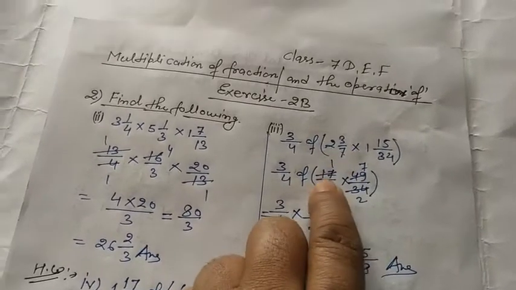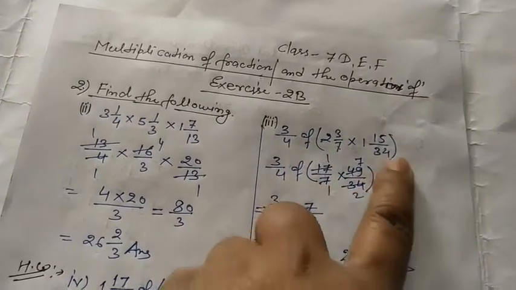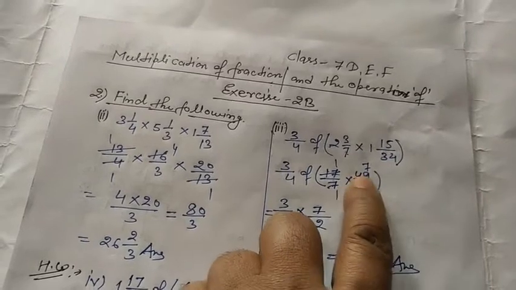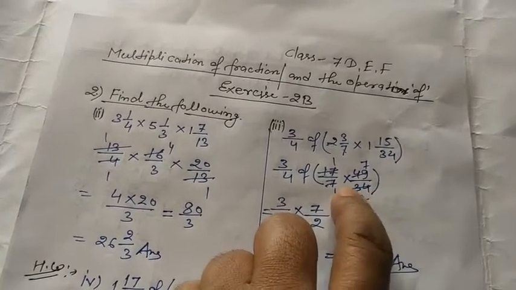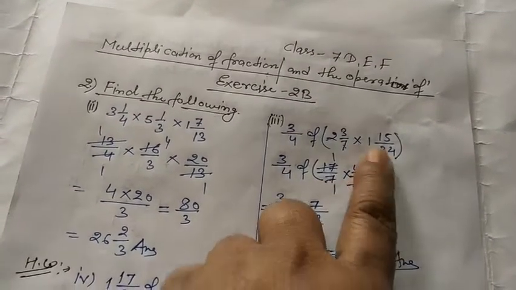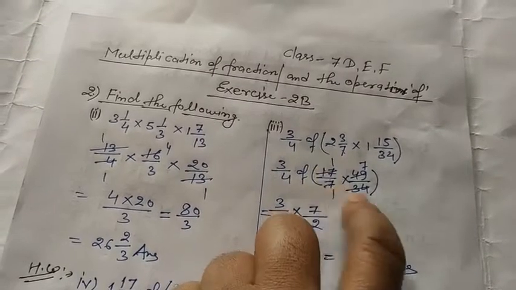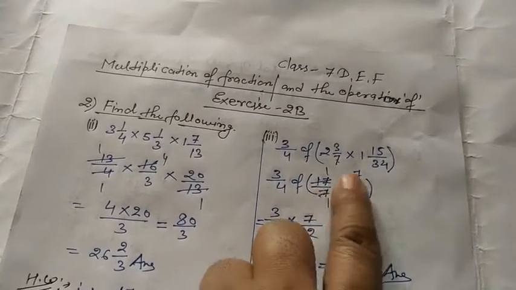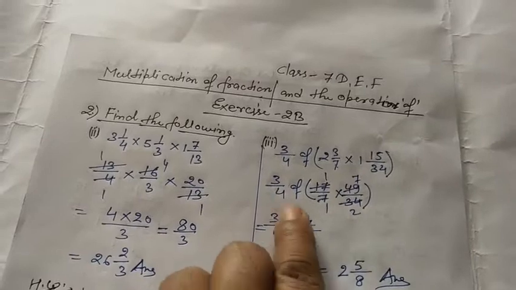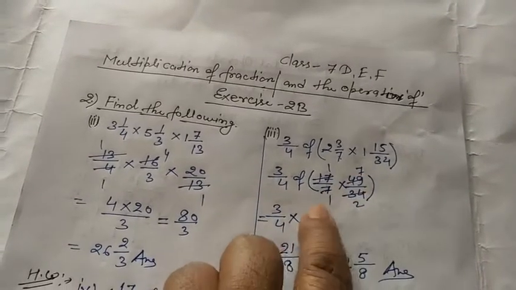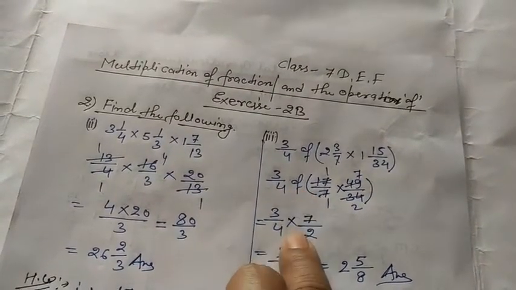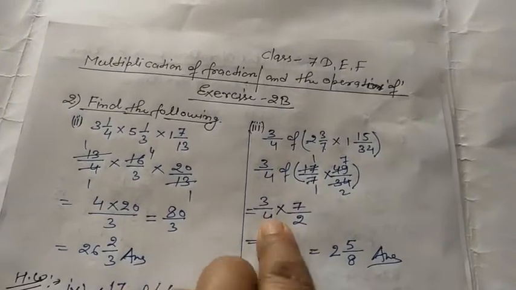It gives 17 by 7 into 49 upon 34. 7 7s are 49 and 17 2s are 34. Then after simplification this gives 7 upon 2, of changed into the multiply sign, and 3 by 4.